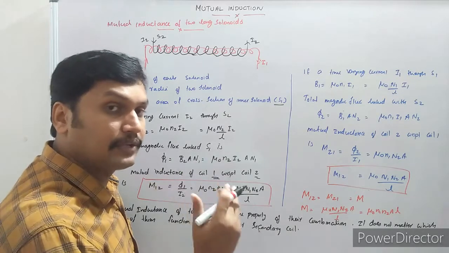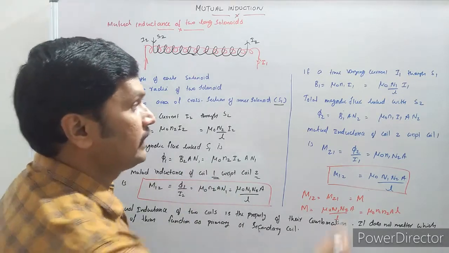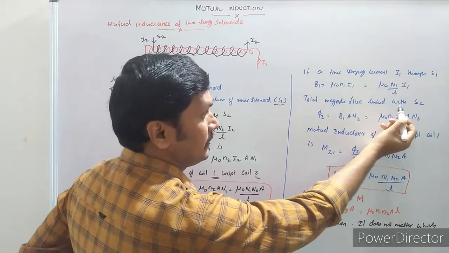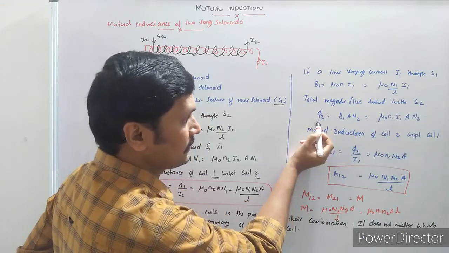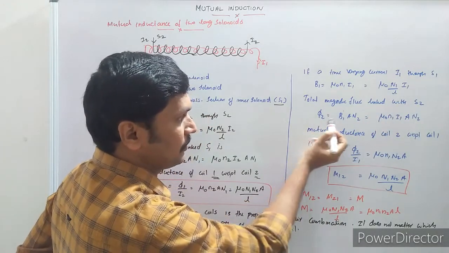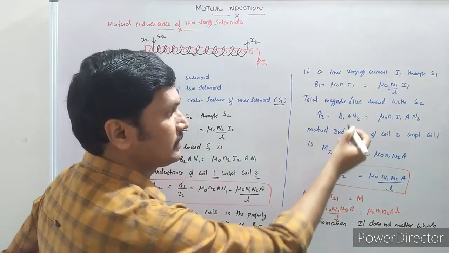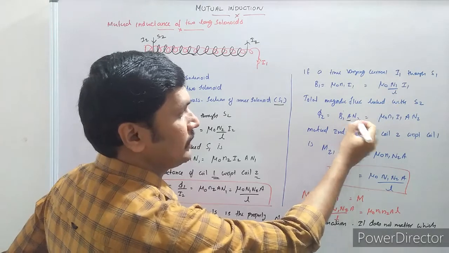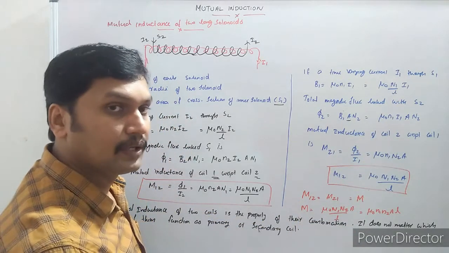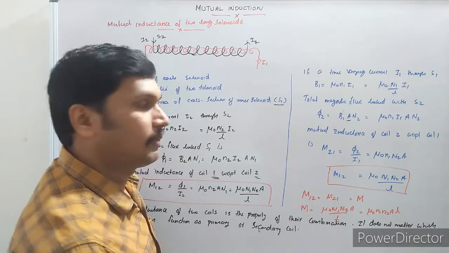That's why the total magnetic flux linked with S2, phi 2, is equal to B1 into the inner area into N2. This is the area of inner solenoid S1, pi R1 square, or otherwise considered a common area.